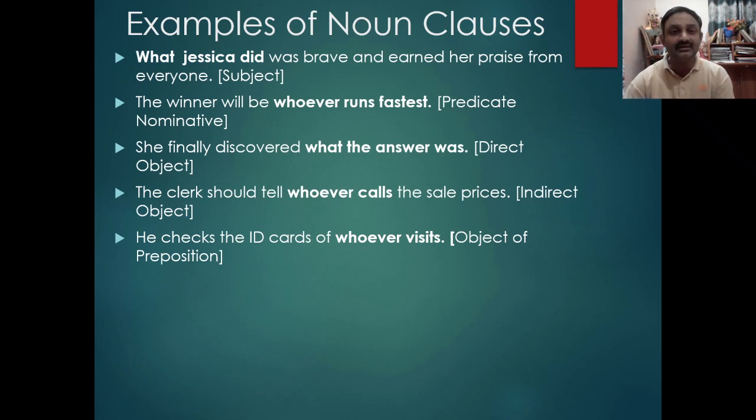You can look at it in the form of a subject. So the winner will be whoever runs fast. The letters written in bold convey the subject, the predicate. Similarly, you can see the examples in the form of a direct object, indirect object, and the object of the prepositions.